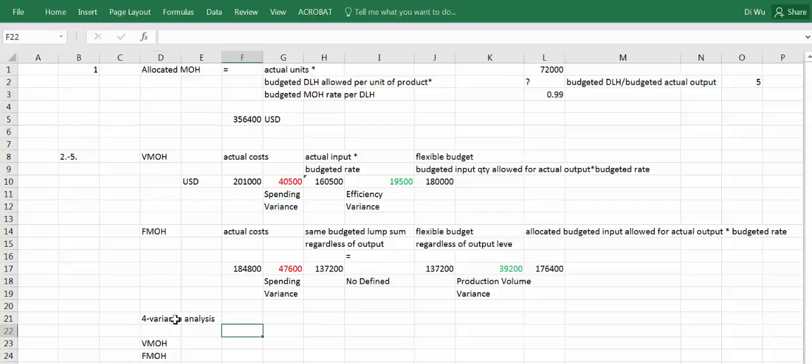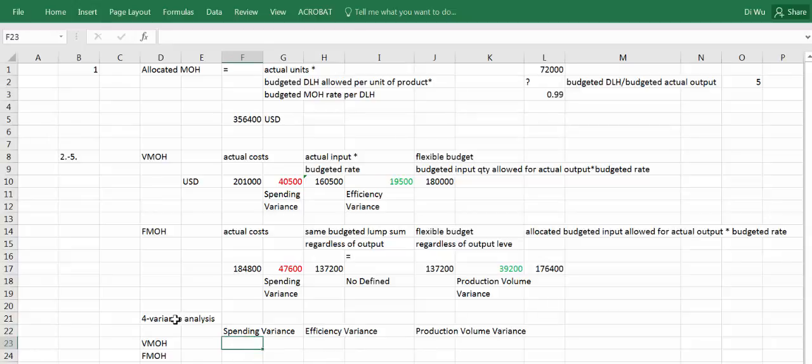Then we have spending variances, the so-called efficiency variance, and the production volume variance. Let's put the numbers here.